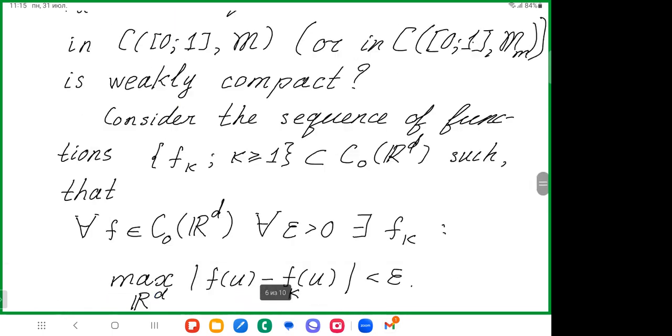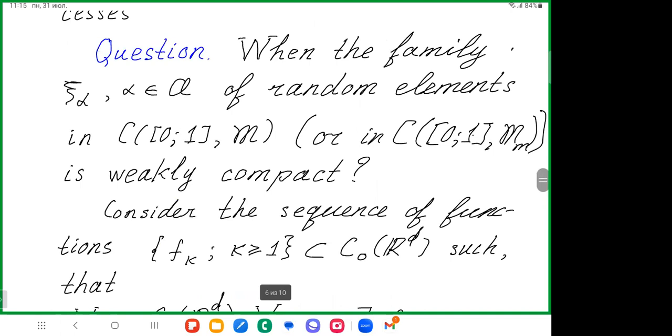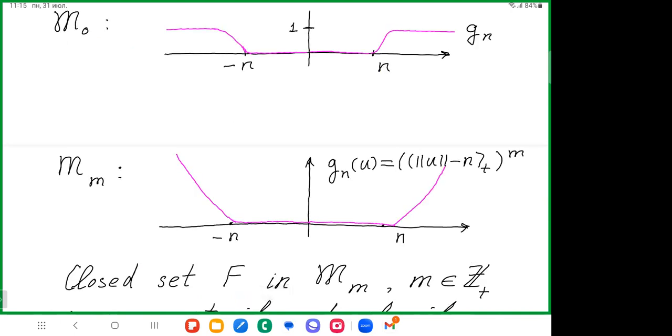Here is function jk. If we discuss, for example, the difference of these functions for different points u1 and u2, then it can be estimated more or less by the m-1 moment of the random variable, and again we can apply that we will consider Wiener processes inside.